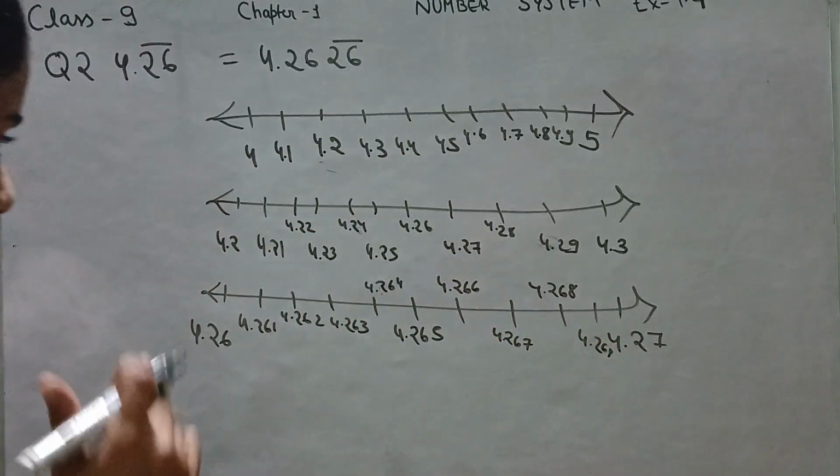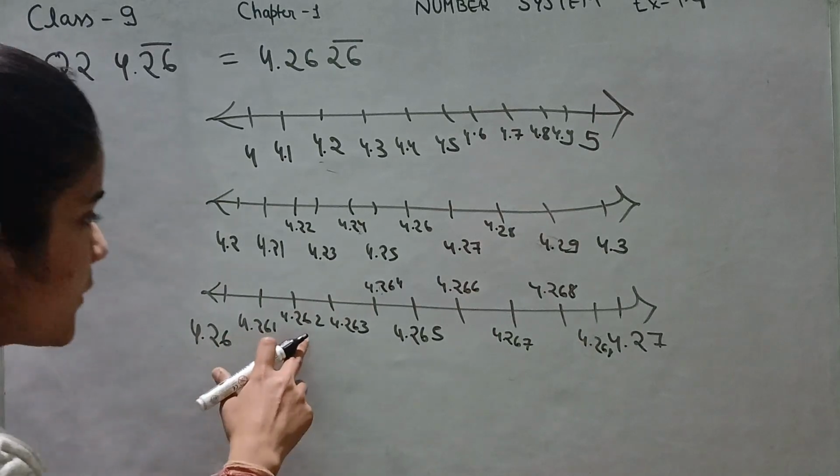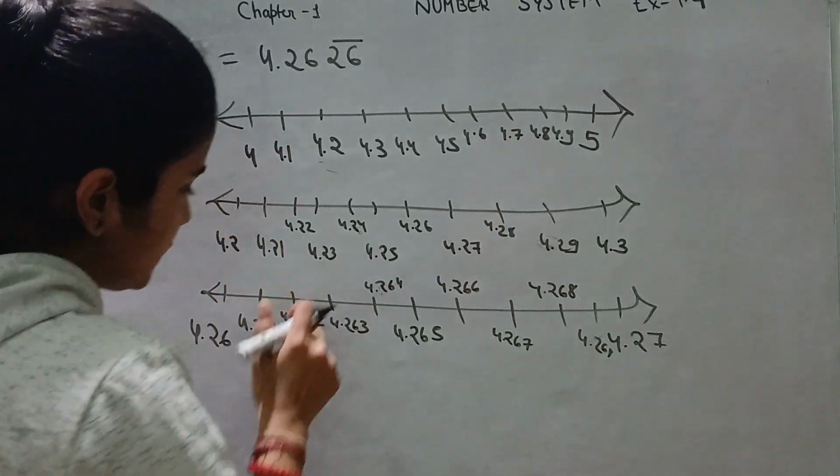So 4.262 here. We need to enlarge these two numbers, okay?